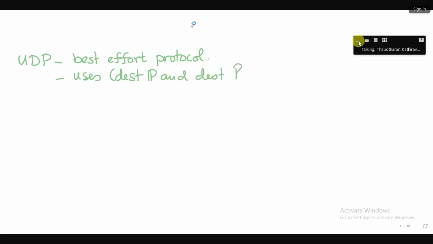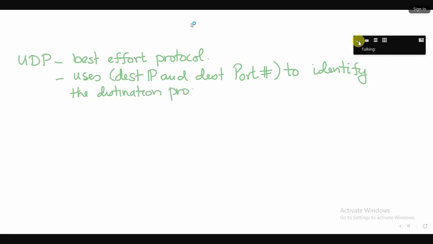UDP is a best effort protocol and uses destination IP and destination port number to identify the destination process.